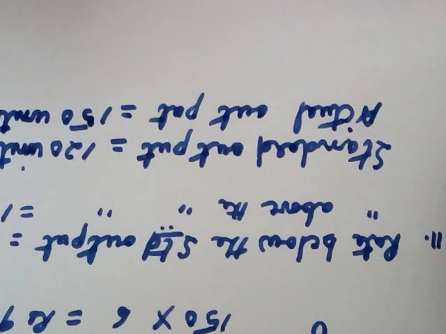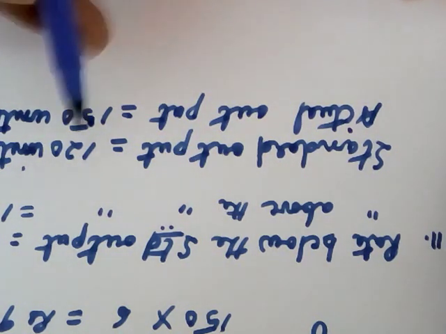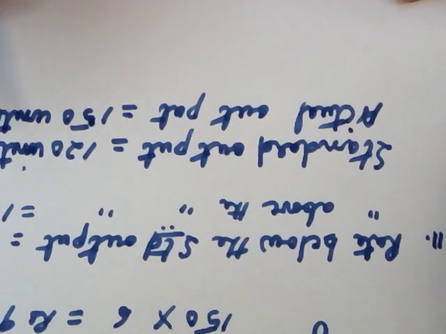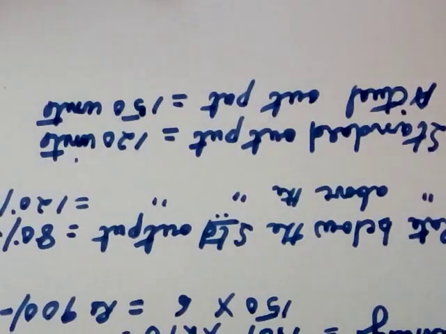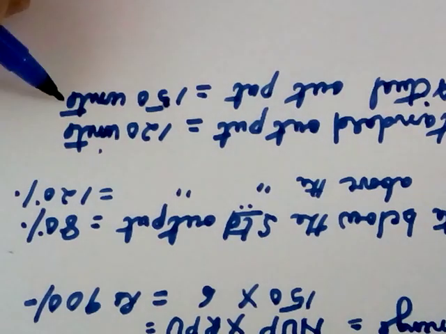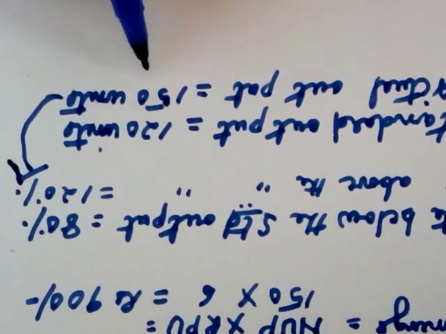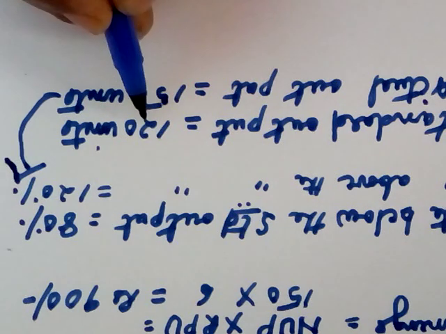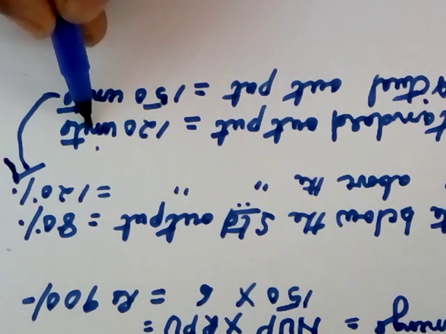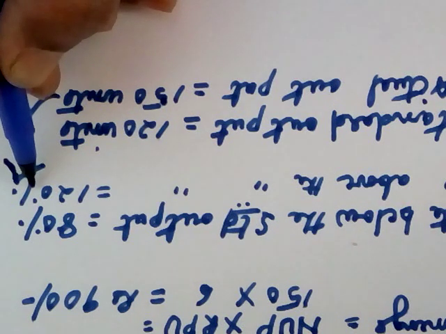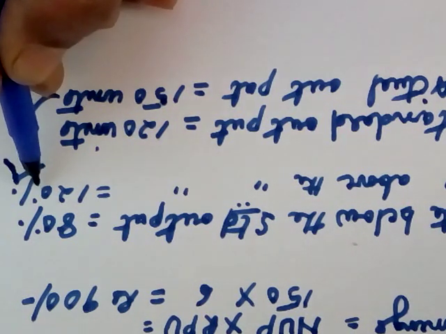The actual output is above the standard 120 units, therefore we need to apply 120% as the percentage of efficiency.